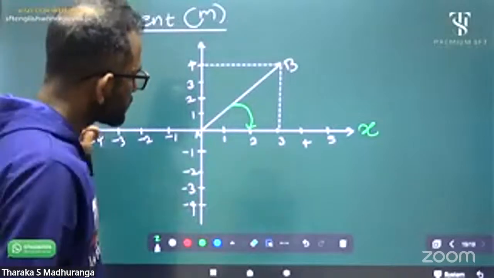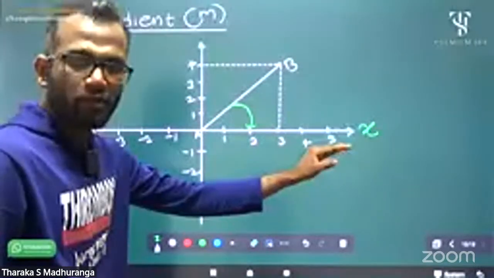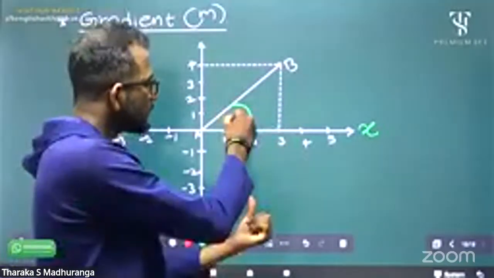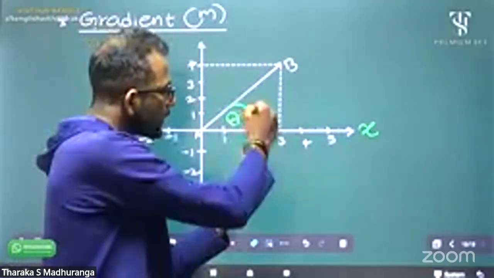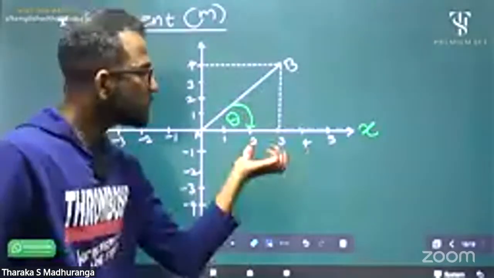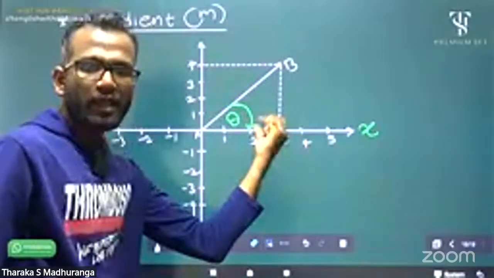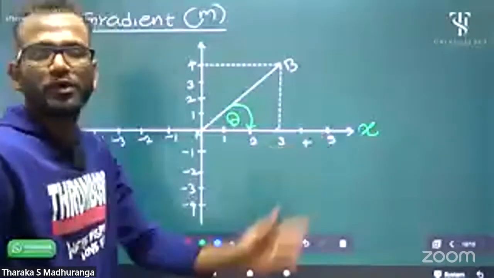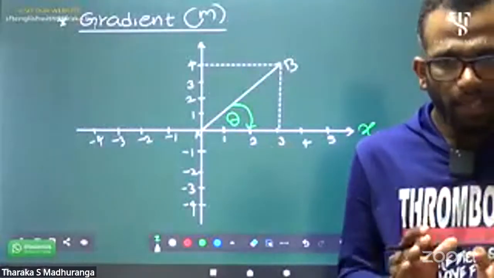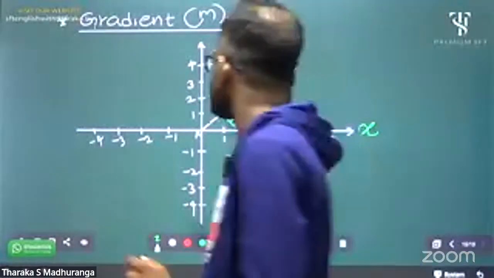This is the x-axis, the horizontal axis. The tan of the angle, tan theta, with the x-axis positive side. This is the positive side, right? That's the meaning of the gradient: the tan of the angle with the x-axis positive direction.